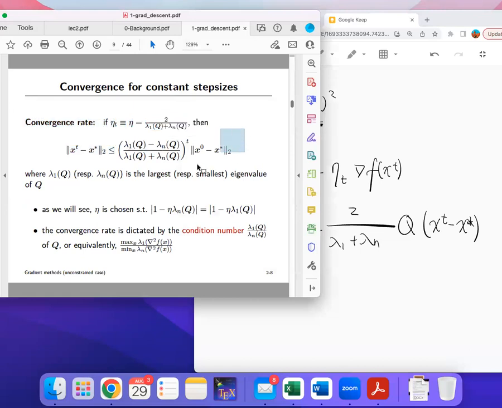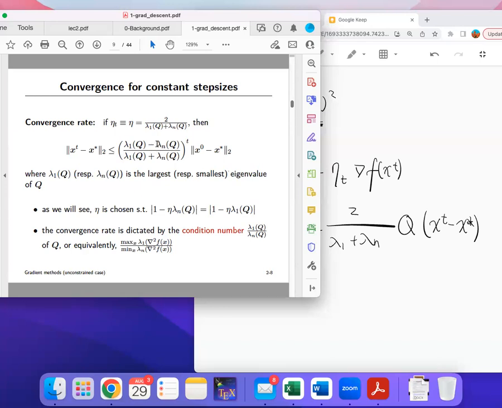What is this result about? It says that the distance between x t and x star, which is where you are at the t-th step, is bounded by, less than or equal to, the initial distance between your initialization and x star, multiplied by this coefficient.